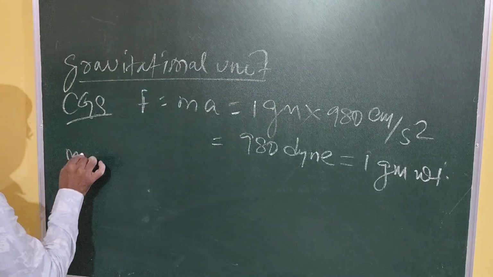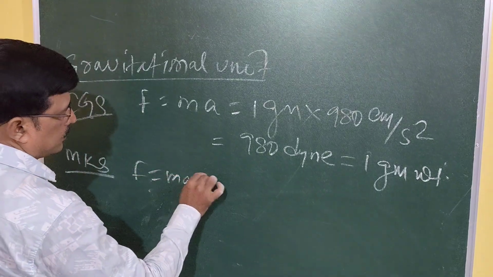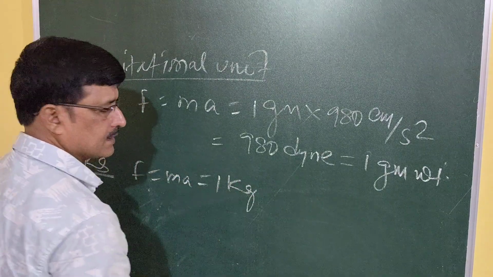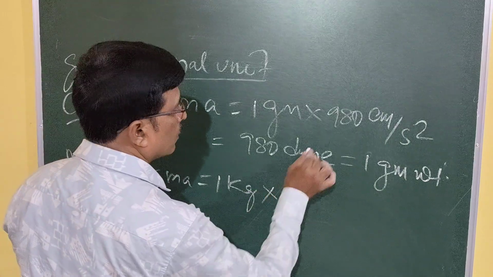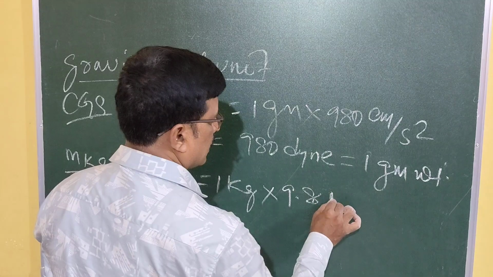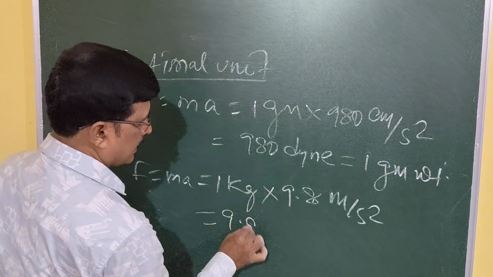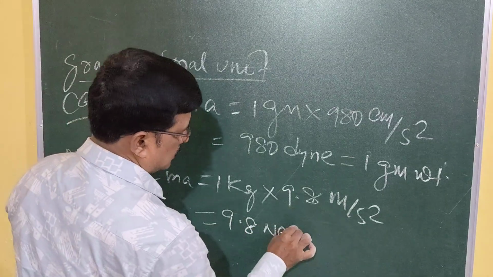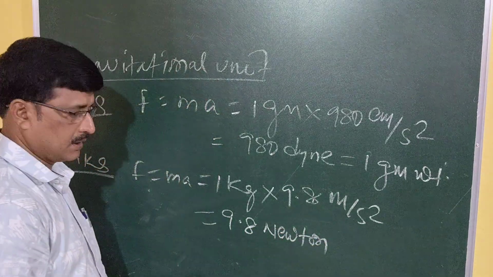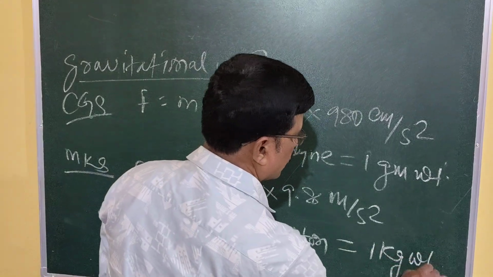Similarly, in the gravitational MKS system, F is equal to MA, which is equal to 1 kg into acceleration 9.8 meter per second square, which can be written as 9.8 Newton, or it can be written as 1 kg weight.